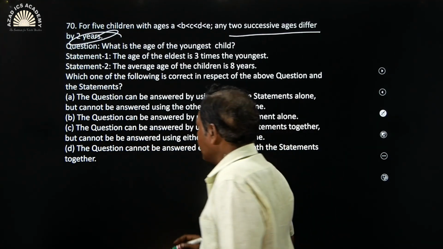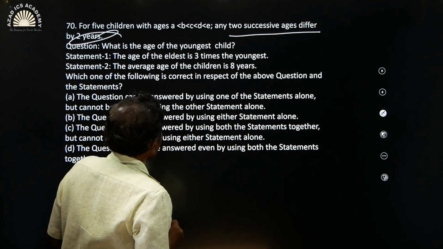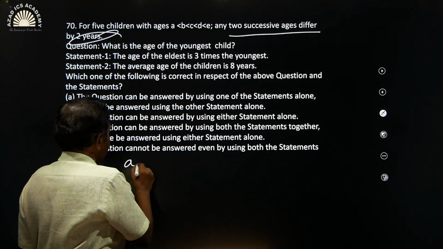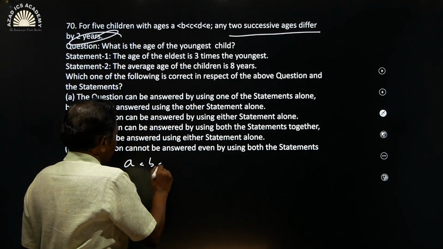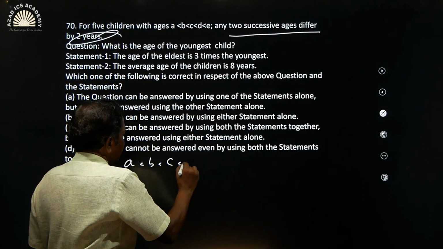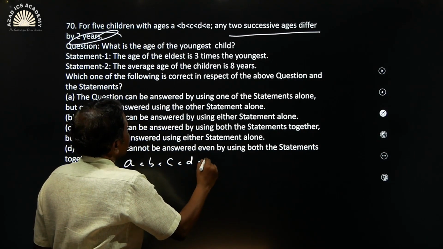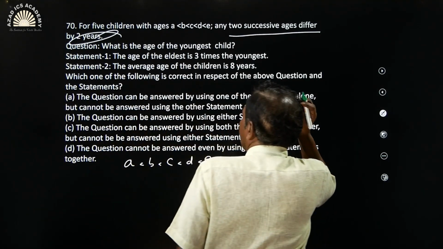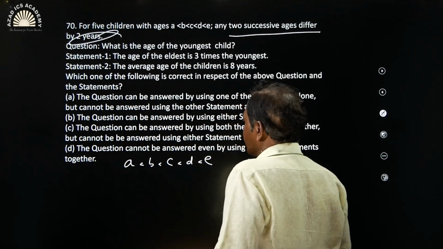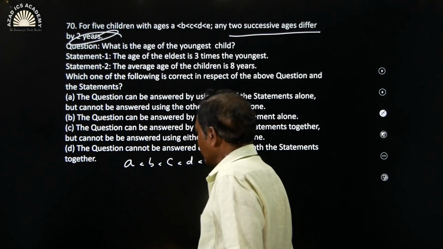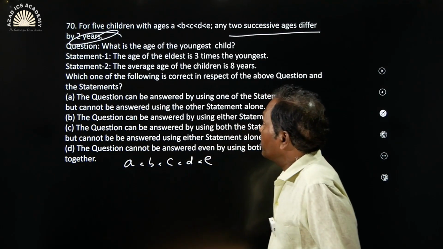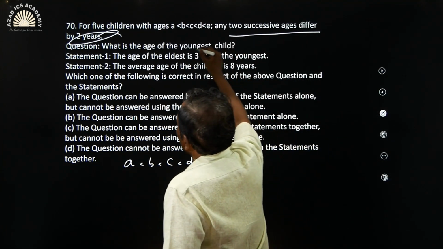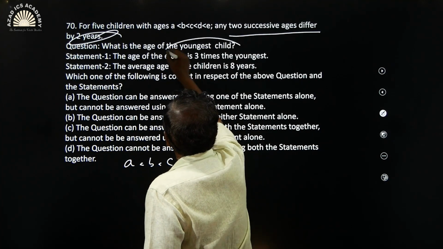So now you can see here there are 5 children: A less than B, less than C, less than D, less than E. So these are the sequence and differ by 2 years. Right, 2 years. Like now we can see statement 1. What is the age of the youngest child? Question is what? What is the age of the youngest child?